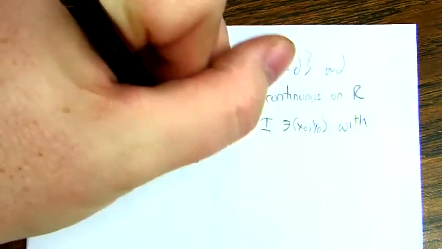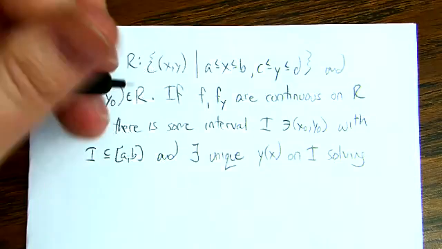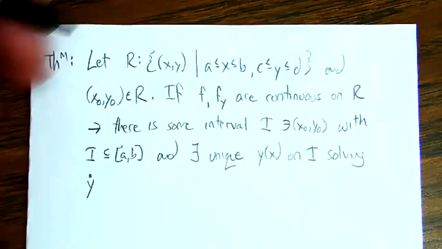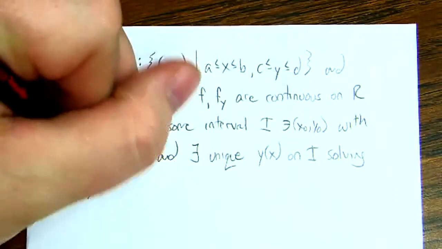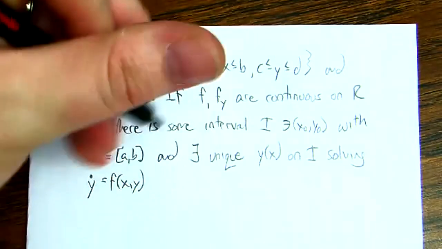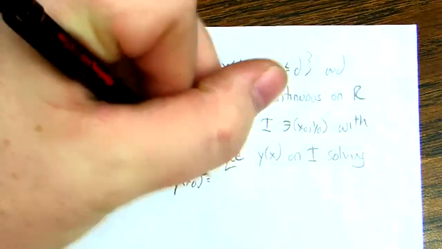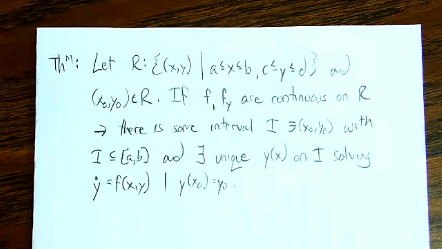And there is a unique y of x on that interval solving dy dx is equal to f of x, y, such that y of x naught is equal to y naught.